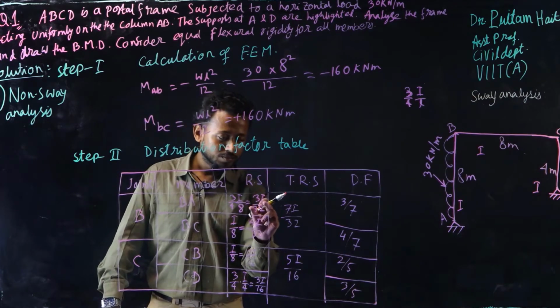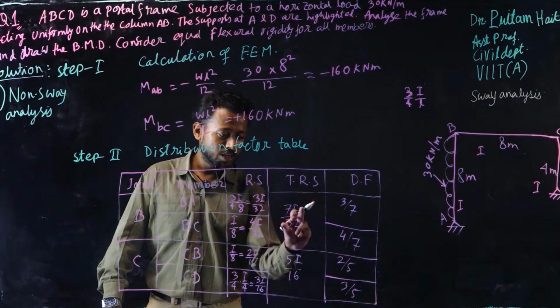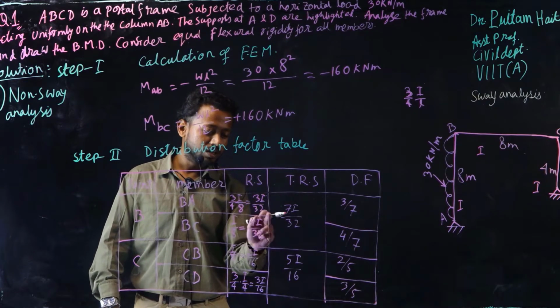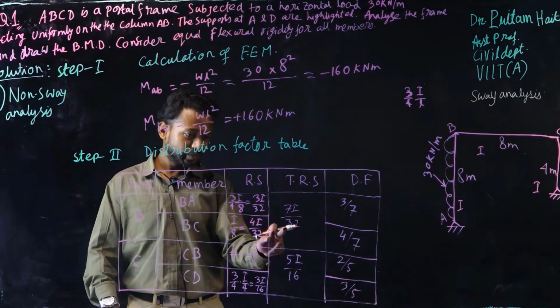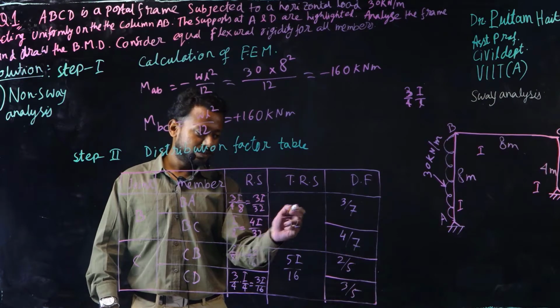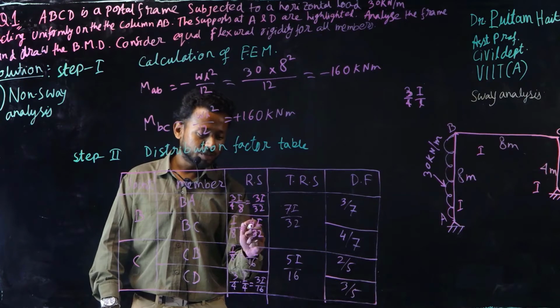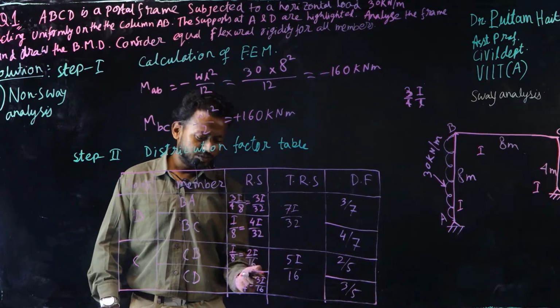Then calculate the distribution factor. Since both the denominators are 32, simply 3 by 7 will be the distribution factor, and 4 by 7 for the other. Is it very easy?